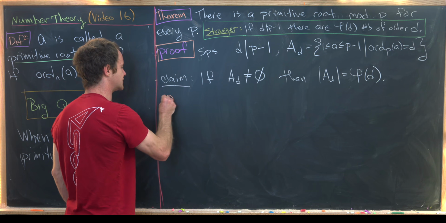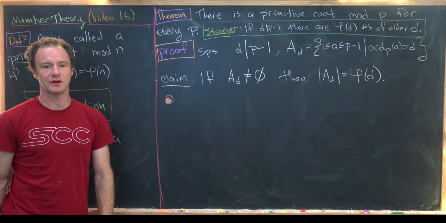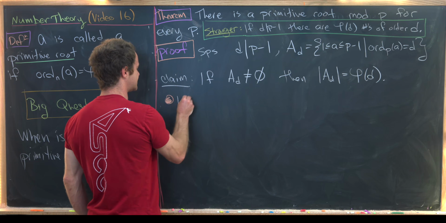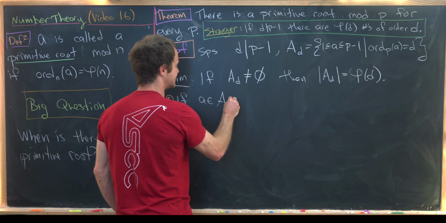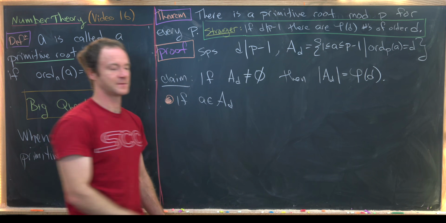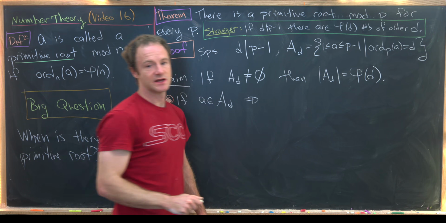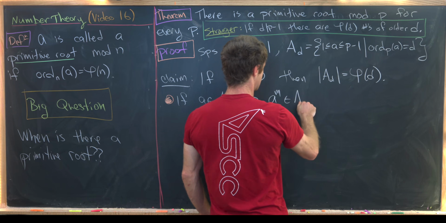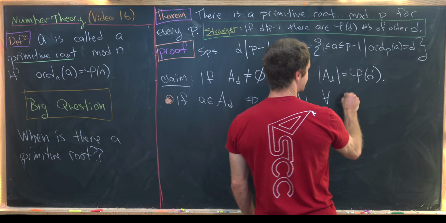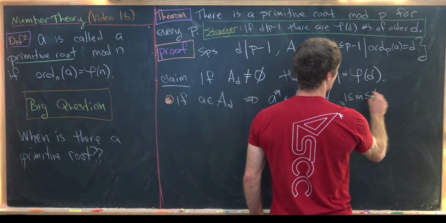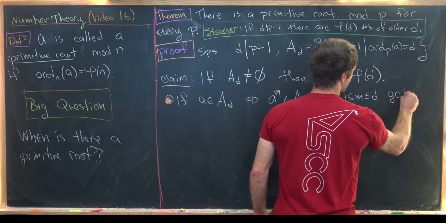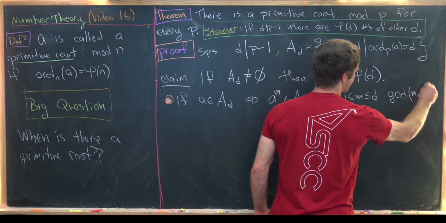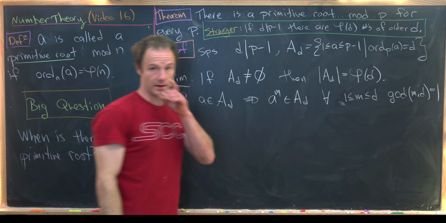And we're going to do that by proving two competing inequalities. So let's notice that if a is in A sub d, then that tells us that we know a to the m is in A sub d, and that's going to be true for all m between 1 and d where the GCD of m with d is equal to 1.